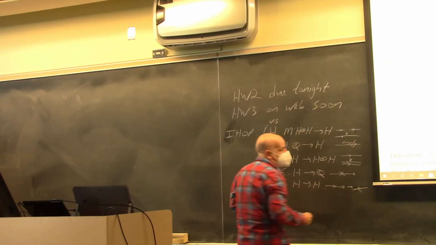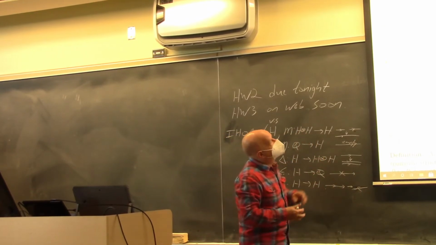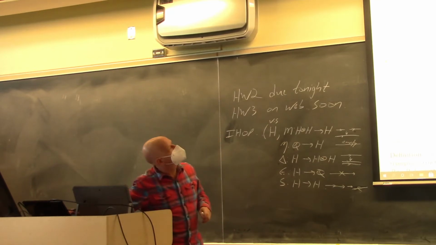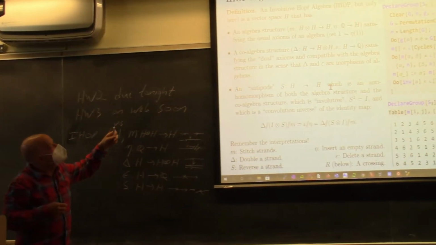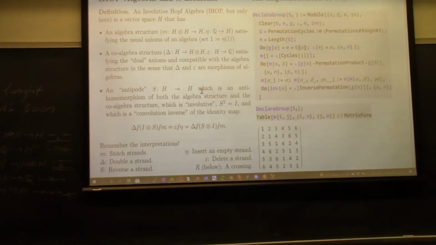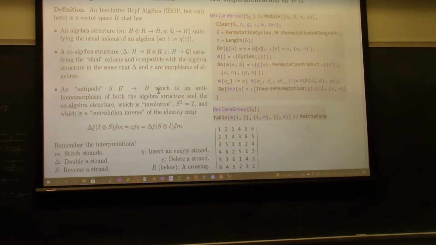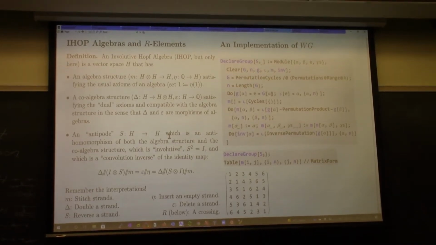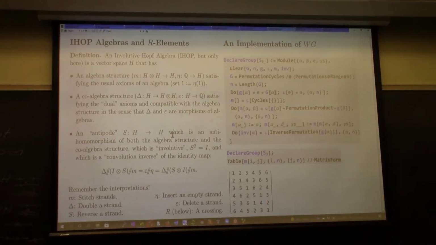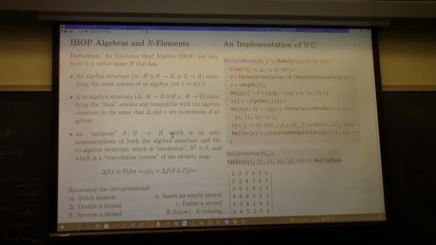So what axioms do we have? It's an algebra structure, meaning M is associative, because if you have three strands and you want to stitch them, then stitching this way and then that way, or stitching here and then here, is the same. In both cases, you get a long strand that goes from the beginning of A to the end of C. Eta satisfies an identity axiom.